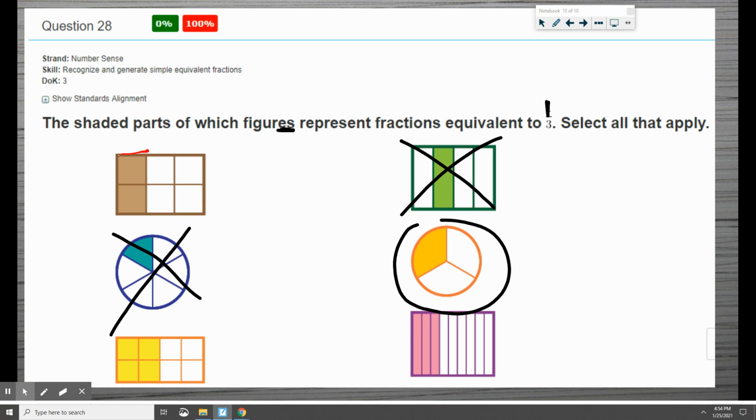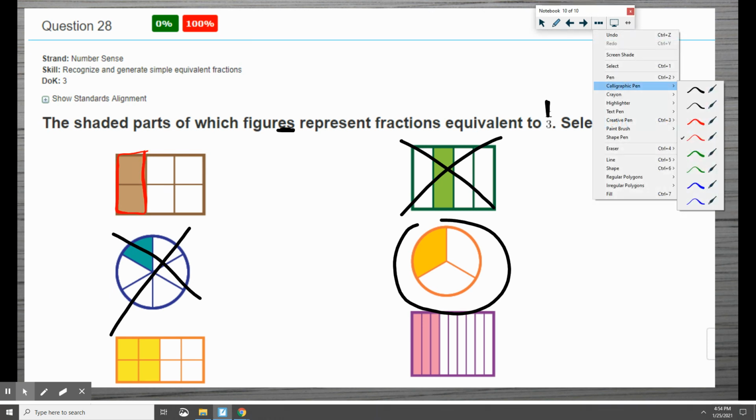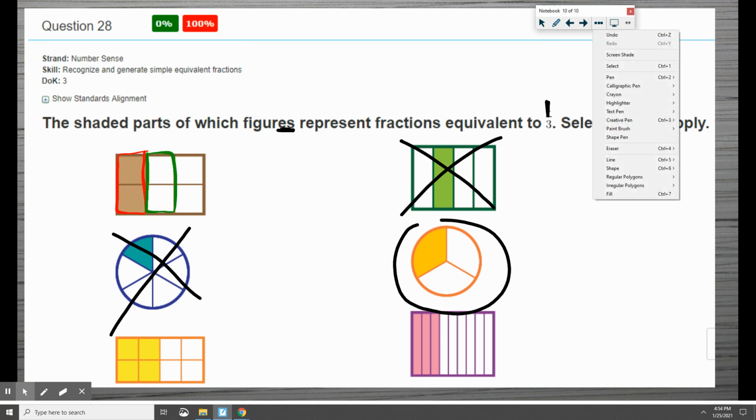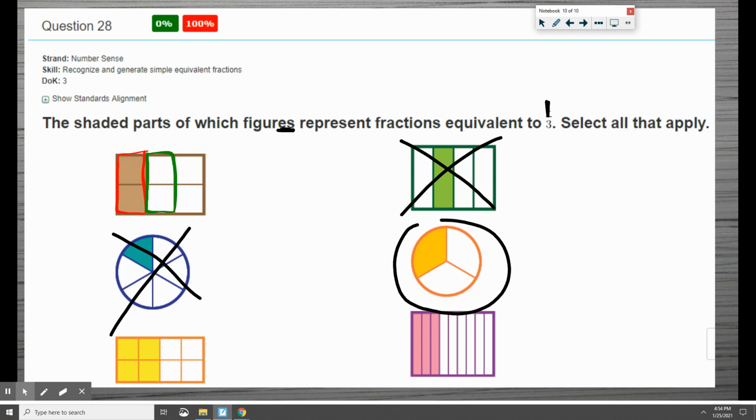I'm going to look at putting this as one piece, and this is going to be 1 part. So forget about the line that goes through the middle.